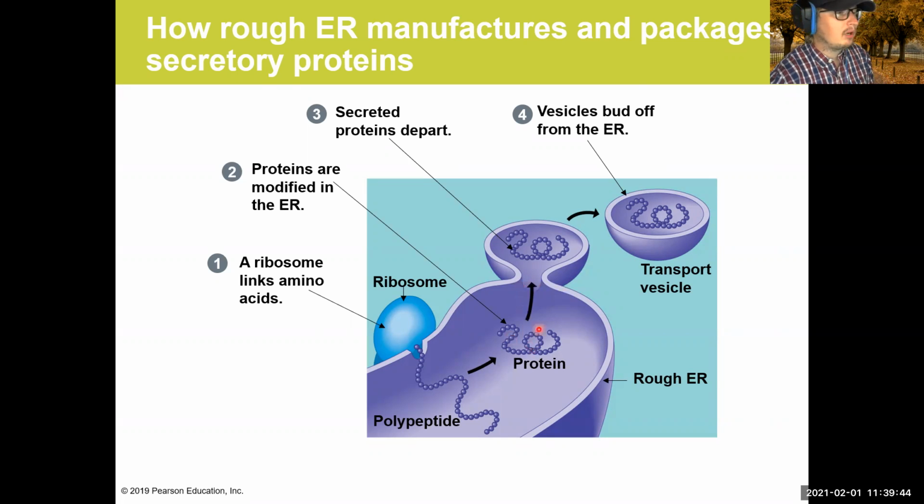And then the membrane of the endoplasmic reticulum will actually engulf the protein and kind of form a sphere and pinch off and bud off to make that transport vesicle, which is also why the ER needs to continually grow membrane, because it loses parts of the membrane as it goes into separate transport vesicles. And so then that transport vesicle would move that protein to wherever it needs to go.